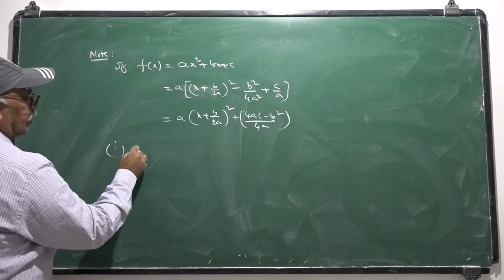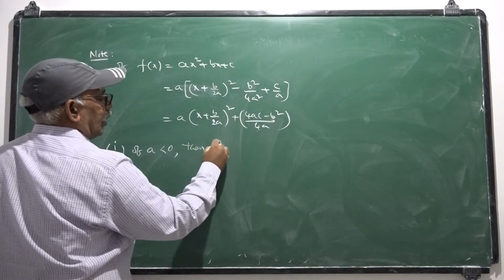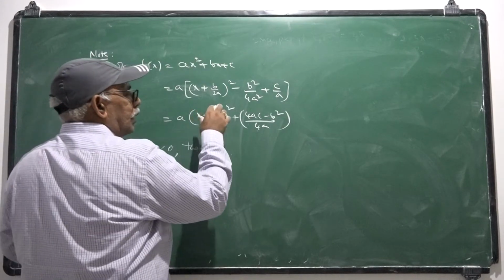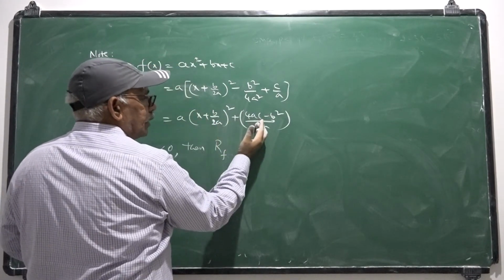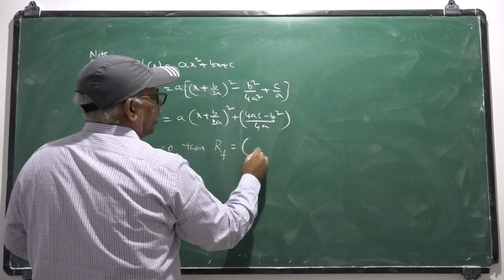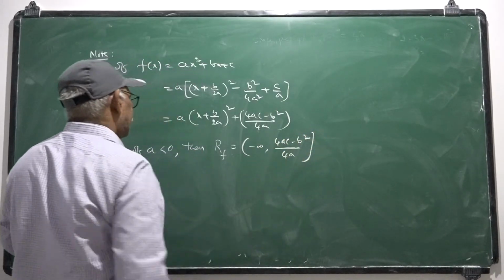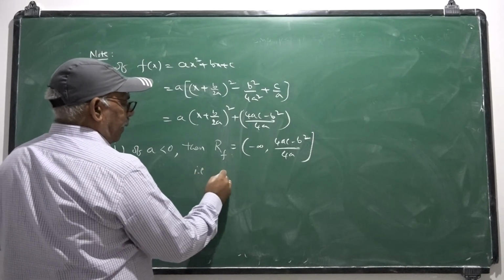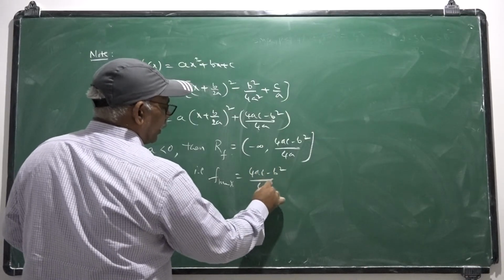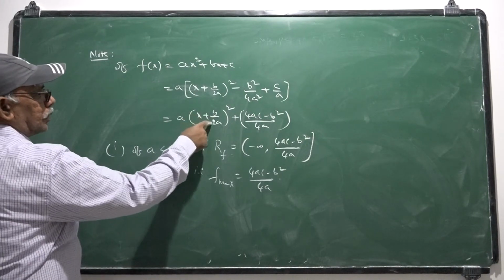Now first one. If a is negative, then the range of f: this value is less than this value because a is negative, hence the maximum is 4ac minus b square by 4a itself. That is, f maximum value is 4ac minus b square by 4a. It attains at x equal to minus b by 2a.